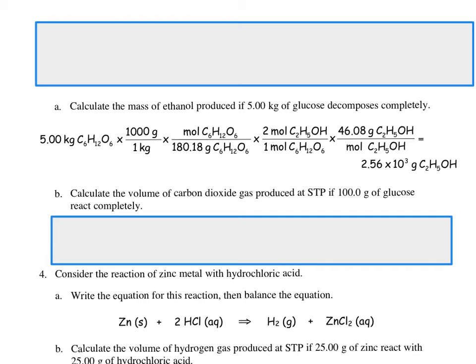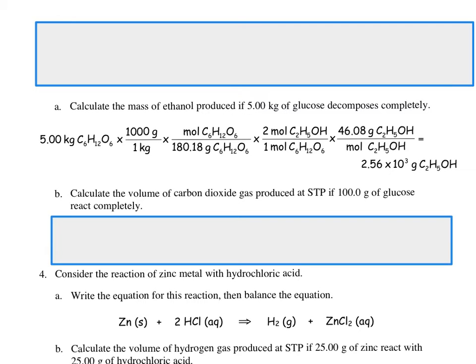One extra step, because we're given a quantity in kilograms, and because molar masses are calculated in grams, we want to start off by converting the 5 kilograms of glucose into grams. Now, you may immediately recognize that that's 5,000 grams, and if so, that's great. And if not, there's the conversion factor to get us to grams.